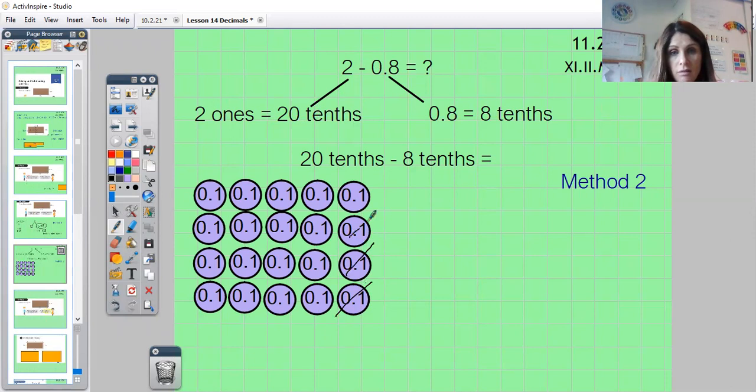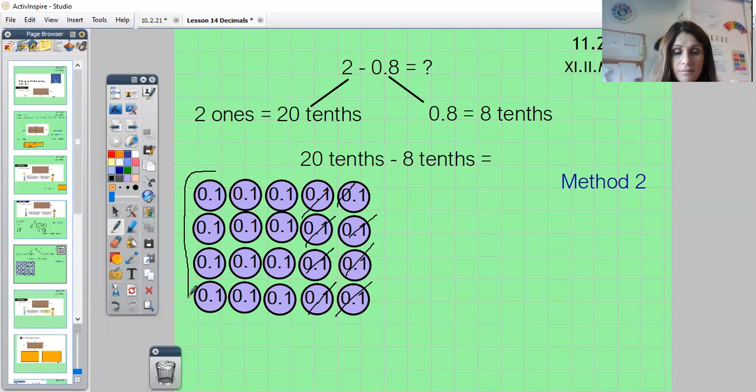1, 2, 3, 4, 5, 6, 7, 8. Okay, hopefully you've done that as well. So let's see how many are left. 0.1, 0.2, 0.3, 0.4, 0.5, 0.6, 0.7, 0.8, 0.9. What comes after 0.9? 10. Good.